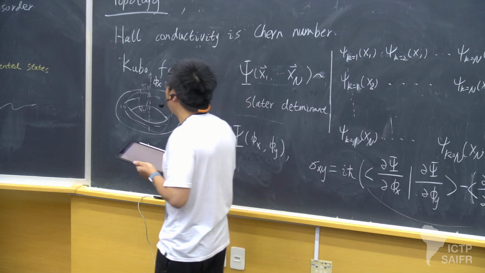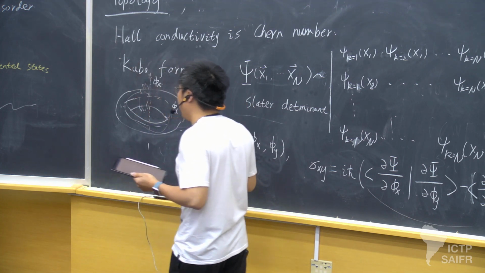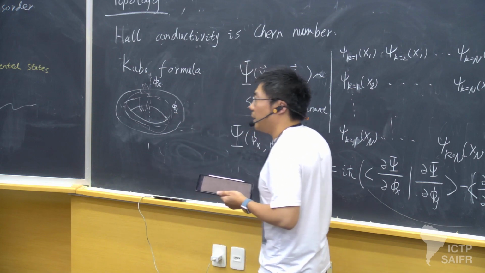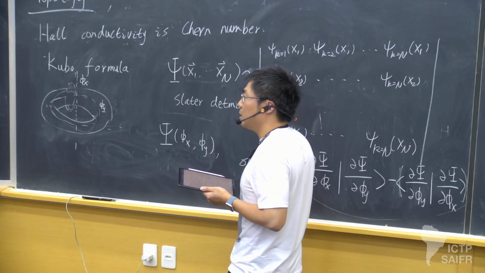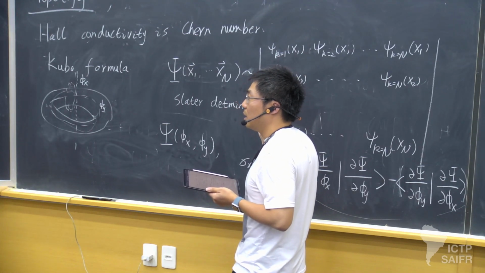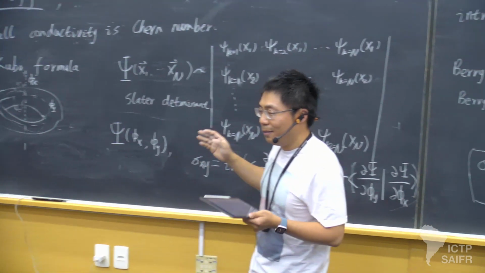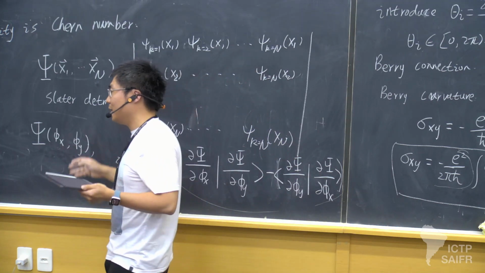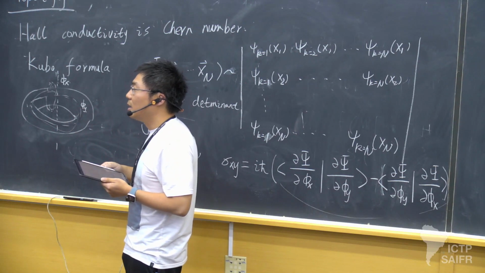You are right, but by making use of this torus geometry, it's more convenient for us to reach the conclusion that the conductivity is quantized. Is this periodic boundary? Yeah, it's a periodic boundary condition. Thank you very much. So it's pretty often in physics that you choose some special geometry or topology such that you can make the physical argument more convenient, right?